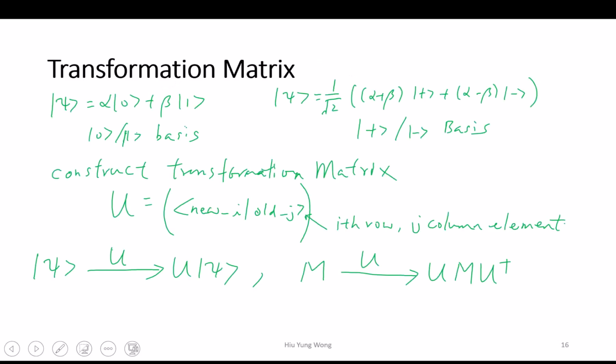Now, am I recording? Yes. Okay. Let's take one example. I'm still using this example, the plus and minus basis.